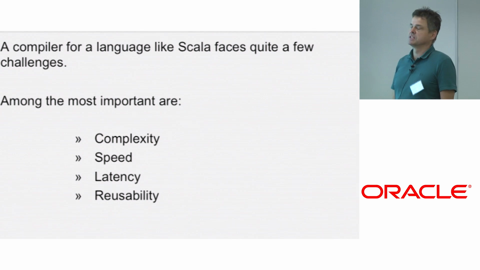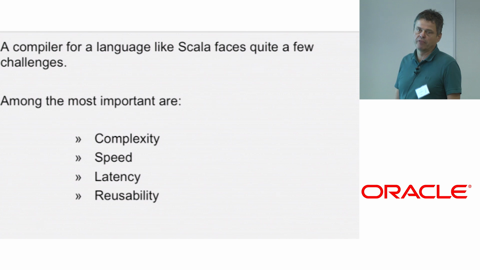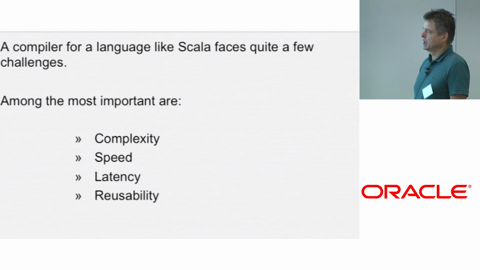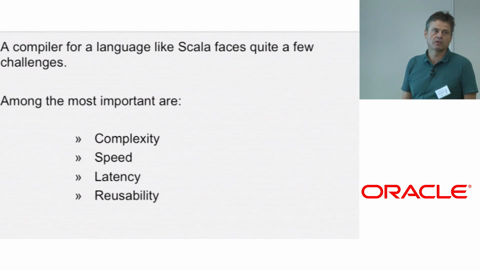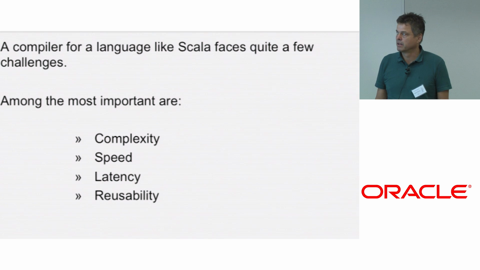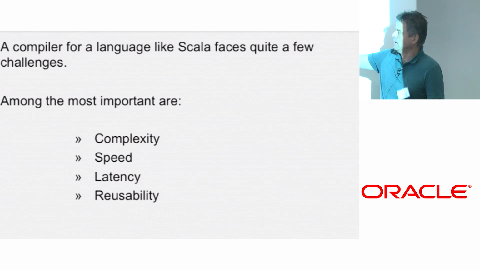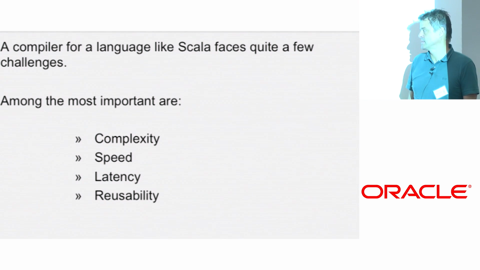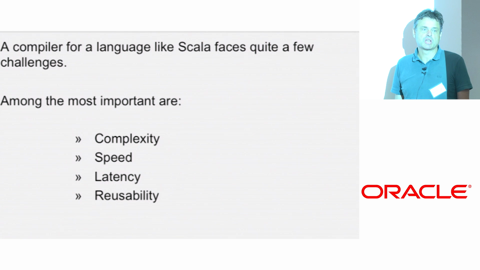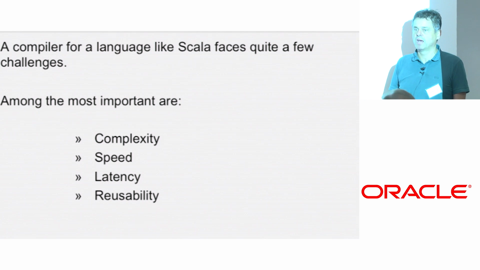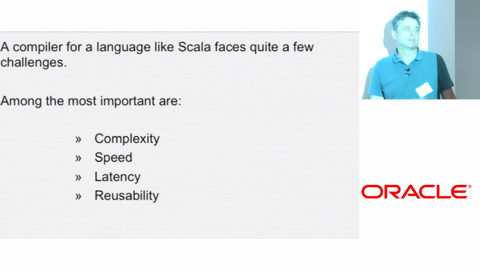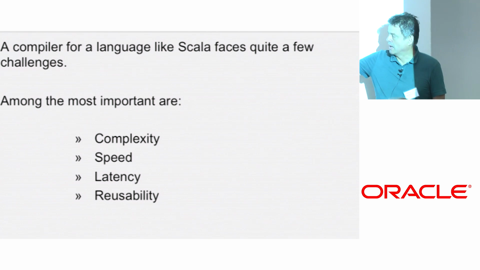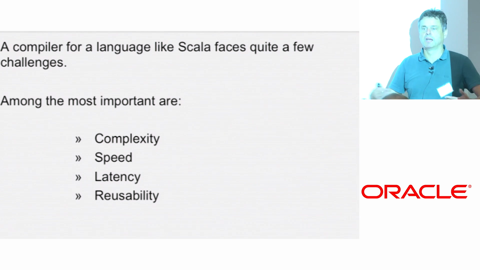So the challenge in this view is that a compiler for a language like Scala is actually rather hard to write. There are quite a few challenges. The most important is that these things get complex. The other challenge is we want the compiler to have reasonably high speed, and that's very hard to achieve. We want it to be fast in latency.